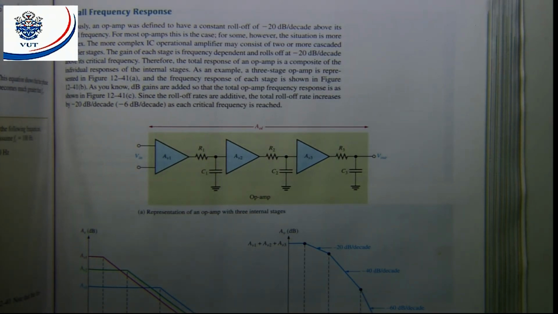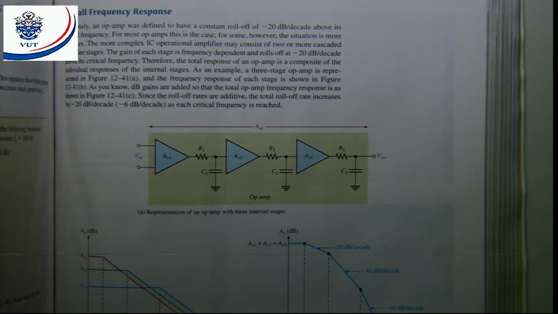In the composite response, because our gain is in decibels, the overall gain will be the sum of all three gains. If it wasn't in dBs, we must multiply, because in dBs we can just add to get a total gain. Then we have the different roll-offs for the first, second and third stages with our three critical frequencies.